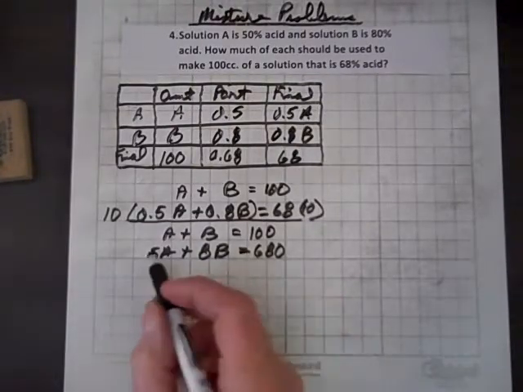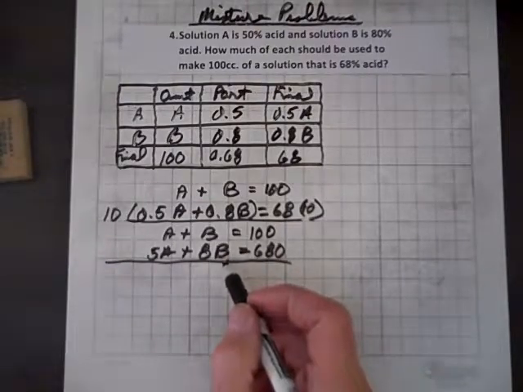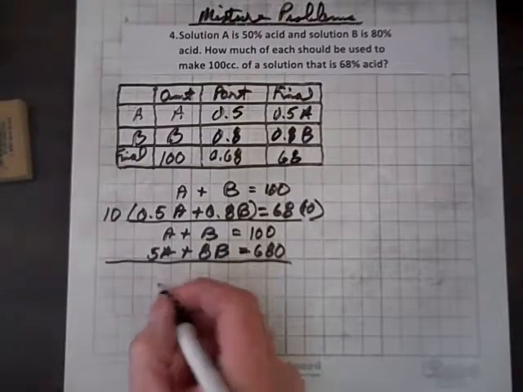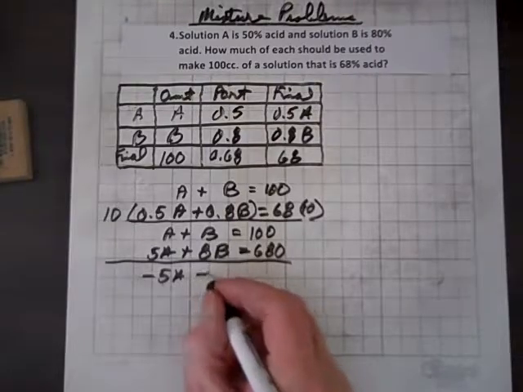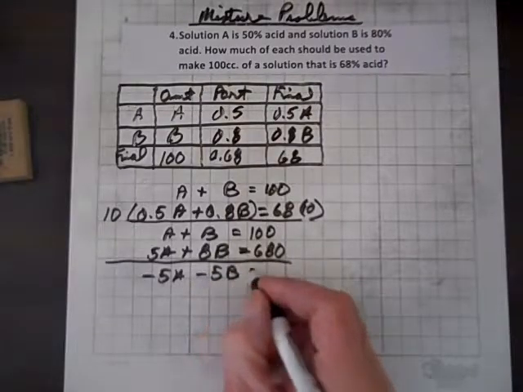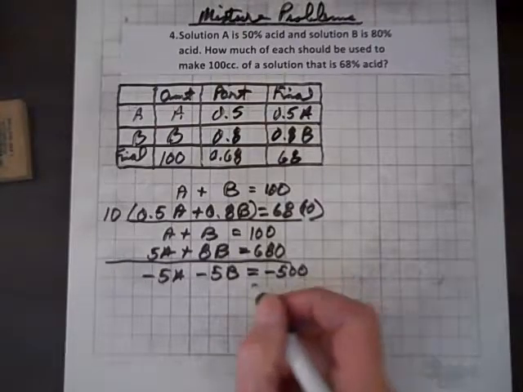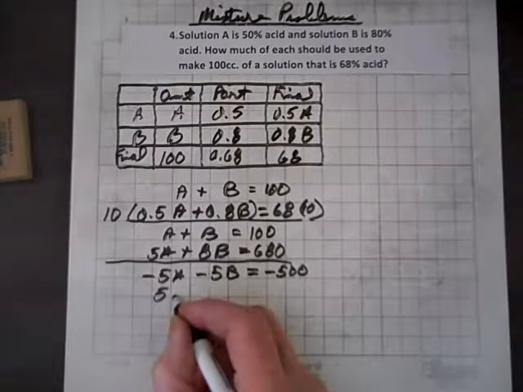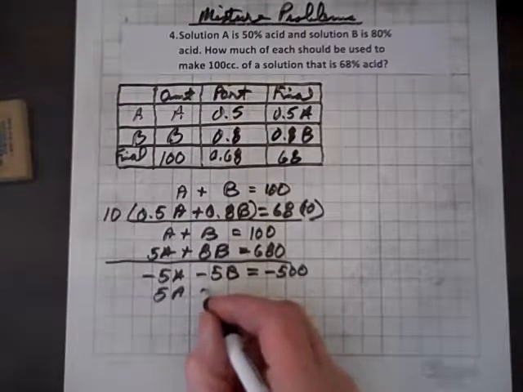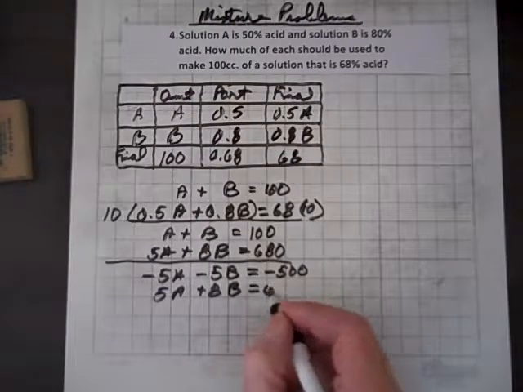So now I'll multiply this top equation by negative 5. And if I do that, I get negative 5A, negative 5B equals negative 500. And the bottom equation will remain as is, 5A plus 8B equals 680.